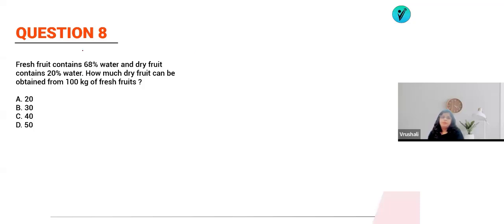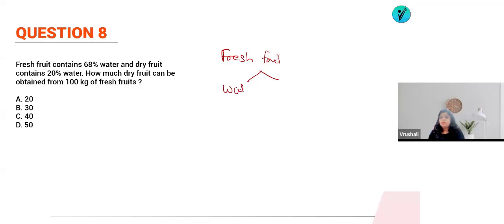Now this is again an important one. Fresh fruit contains 68% water and dry fruit contains 20% water. How much dry fruit can be obtained from 100 kg of fresh fruits? Now tell me, this fresh fruit contains 68% water.